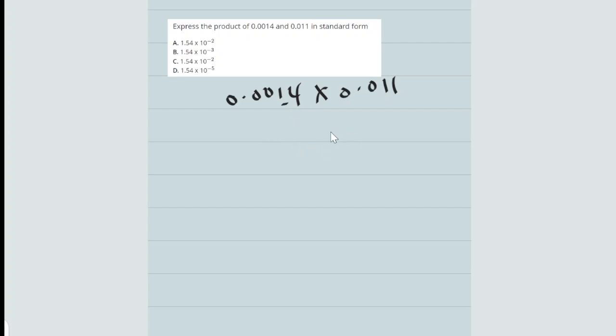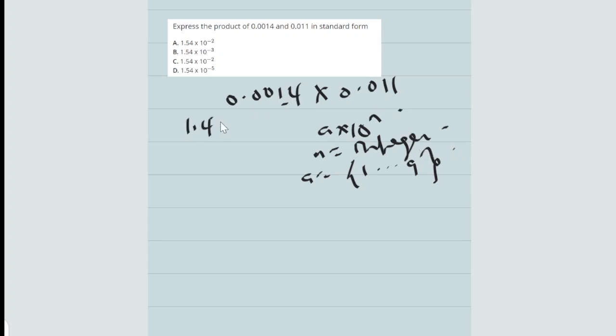Don't forget standard form is a number of the form a multiplied by 10 raised to power n, where n is an integer and a is a number between 1 and 9. It is not a two-digit number. So this is going to give me 1.4 times 10 raised to power minus 1.